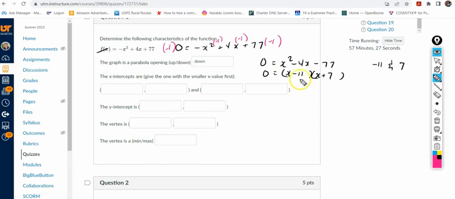And I can see that the zeros here are 11 and -7, and those are real numbers, and so I will get x-intercepts from them. Now, the instructions say to give the smaller one first, so I'm going to type that in as my x-intercept.